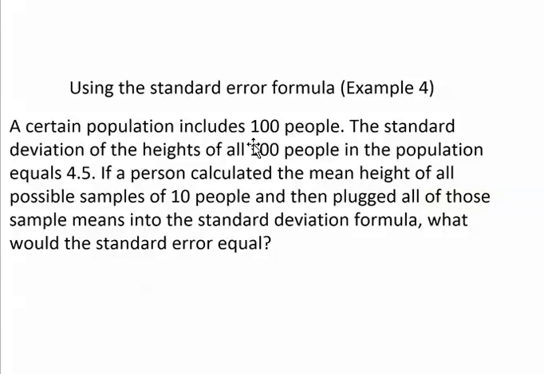And just like in our last example, we just have to know three pieces of information. We have to know the population size, the population standard deviation, and the sample size. So the population has 100 people. The standard deviation of the heights in the population is 4.5. And we want to know the standard error for all possible samples of 10 people.